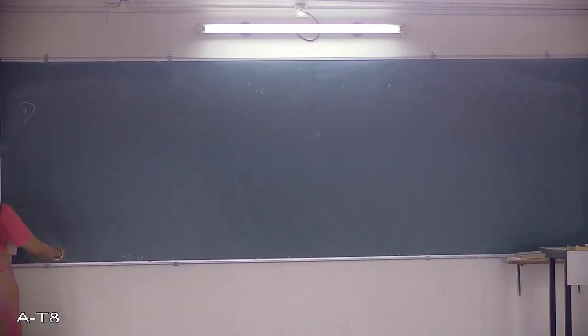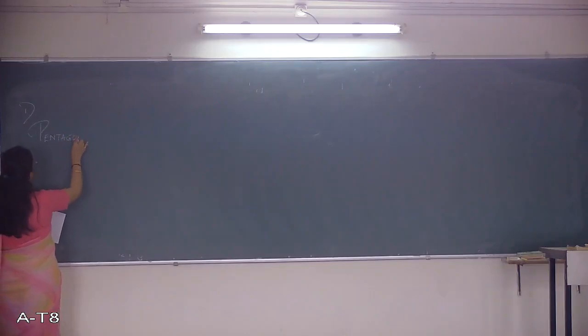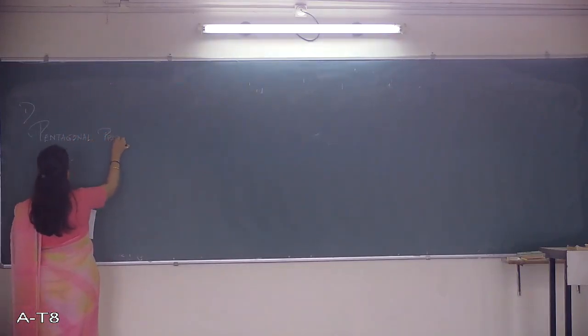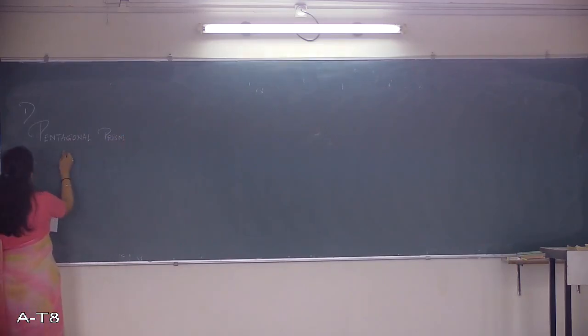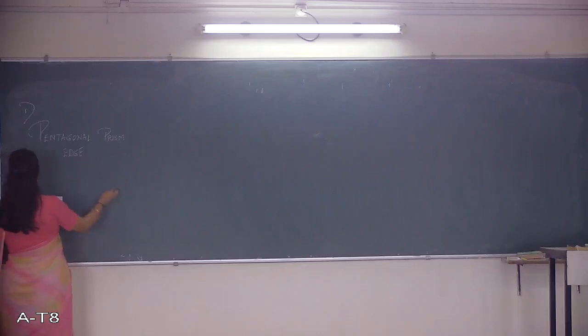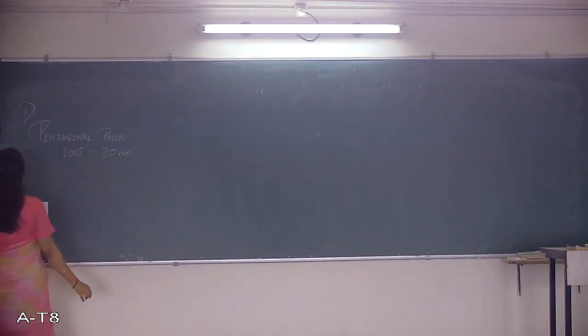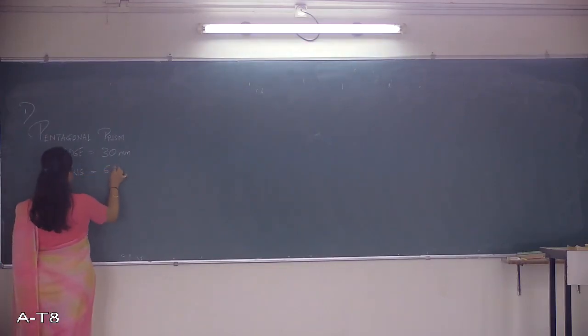So, we have a pentagonal prism whose base edge measures 30 mm and the axis length is 60 mm.